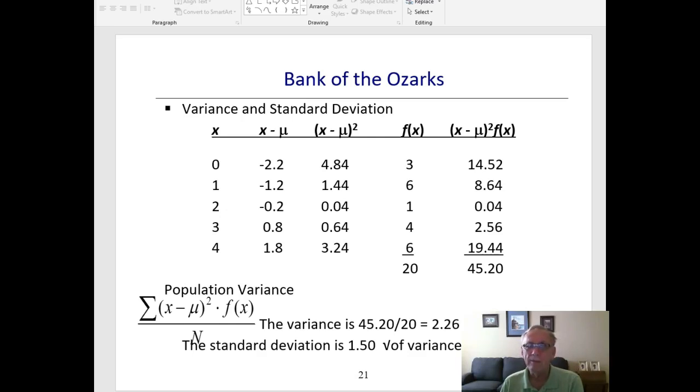How do we establish variance and standard deviation? We've established what x is. We've established what f of x is. X minus mu, or I'm sorry, the individual minus the mean, which is 2.2.